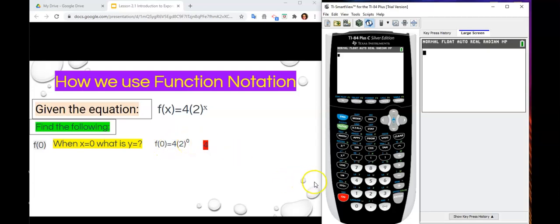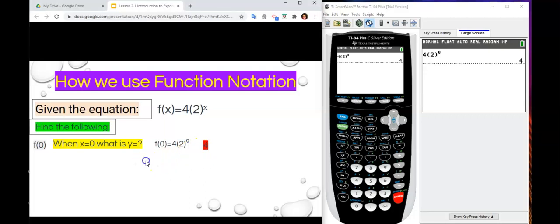And I want to figure out my outcome. So on your TI-84 calculator, if I wanted to do this by hand, I could go 4, open parentheses, put my 2 in, close parentheses, and then this little caret here, I'm going to raise it up, and then I'm going to put a 0 there because I want that 0 to be the exponent. And then I'm going to hit enter. And as you can see, when I substituted the 0 in for x, my outcome was 4, which is why we have the 4 here.